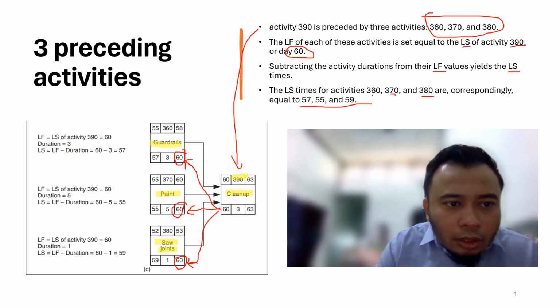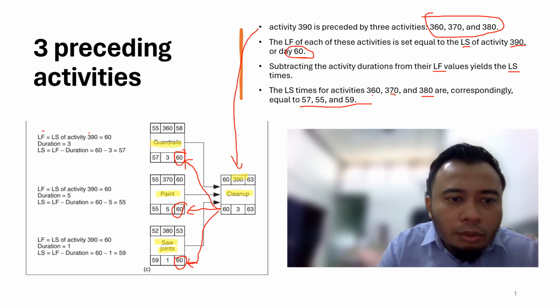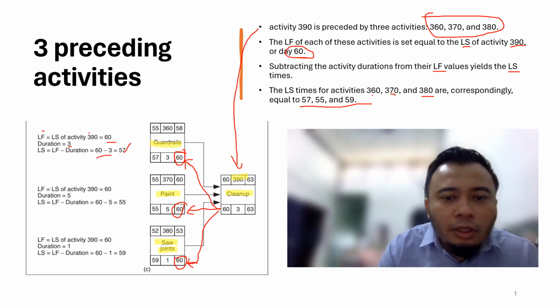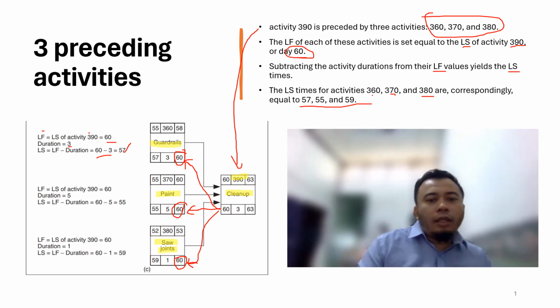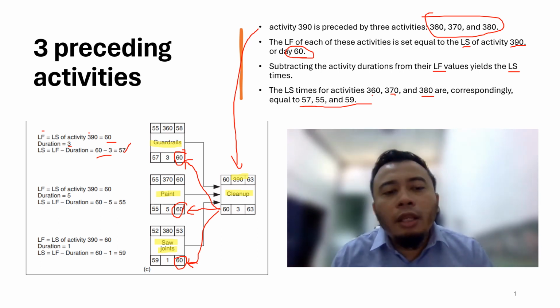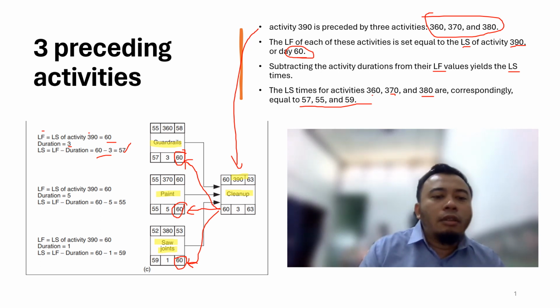So you can see here the late start of 390 is set as the late finish for 360. So you have that day 60. The duration of the activity is 3 days. So 60 minus 3 days, you get 57. Day 57 is the latest start day for guardrails.